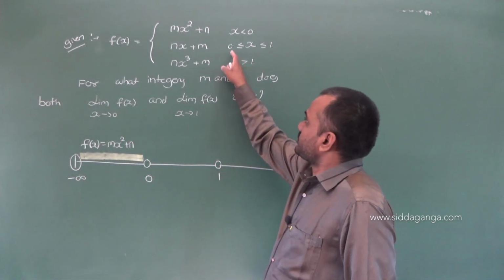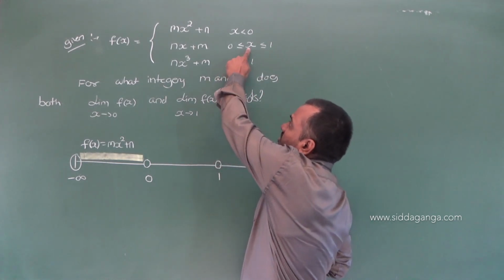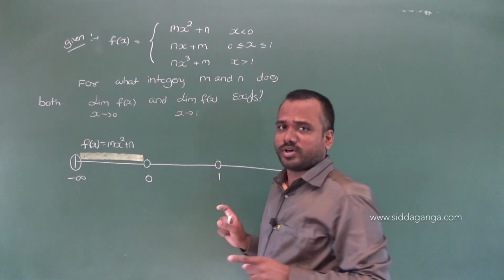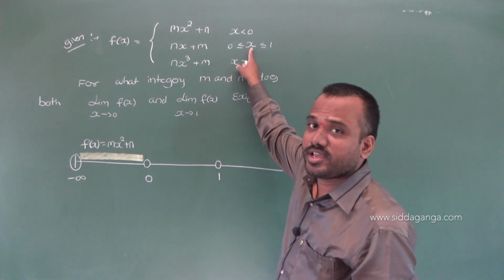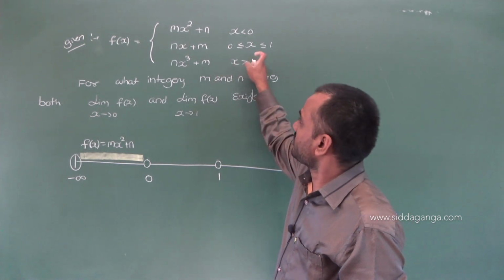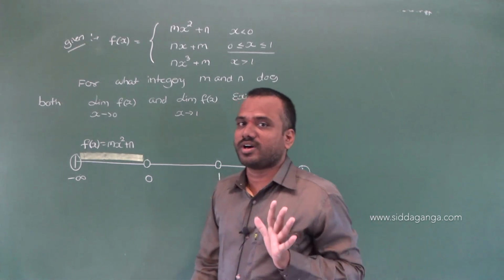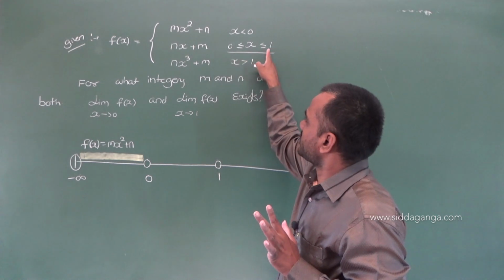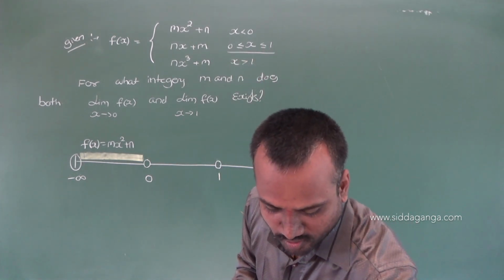One more: from 0 to 1, x greater than or equal to 0 and less than or equal to 1. This one particularly we call a dual inequality: x greater than or equal to 0, less than or equal to 1.